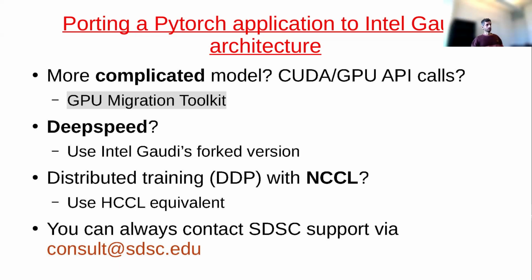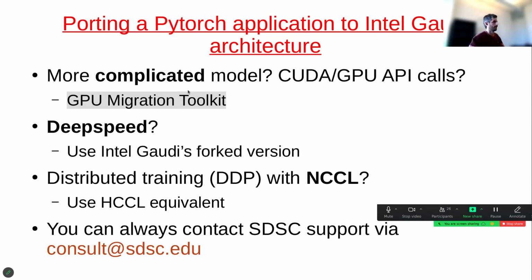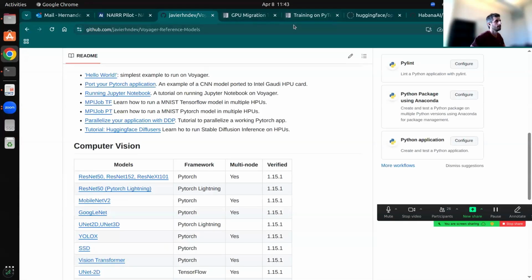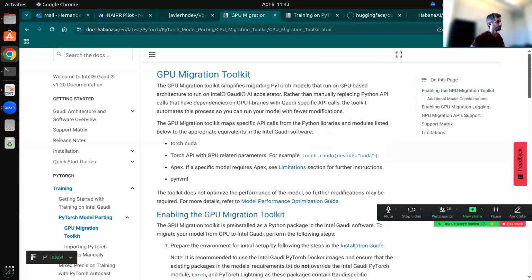Intel Gaudi can use something called the GPU migration toolkit, and what this tool is doing is just porting your CUDA calls to their own for the Intel Gaudi card. I can show you in their documentation here.